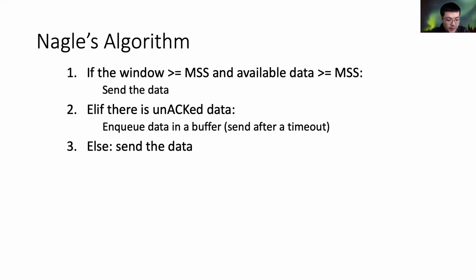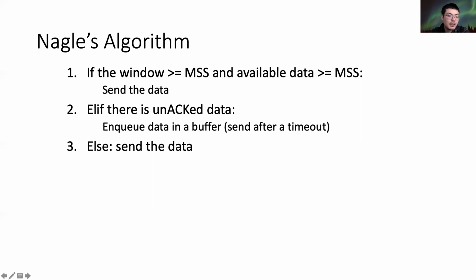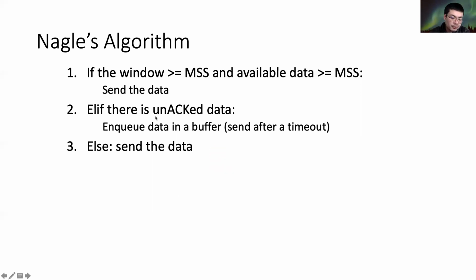Here's what we have: when you send, like in the green part, it's not done yet. You need to wait for acknowledgement on the left hand of the green part. In that case, you can kick it out from the stream. Otherwise, you have to hold them, so the data is still in the buffer. But if after timeout you still don't receive an ACK, you need to resend. Otherwise, you just send the data.